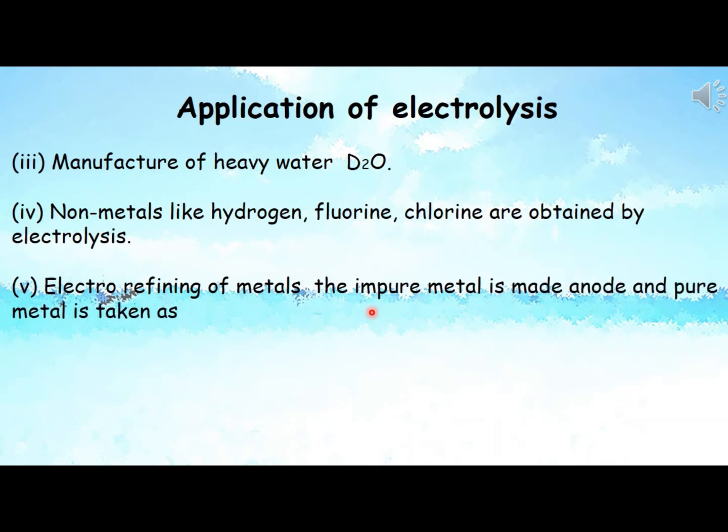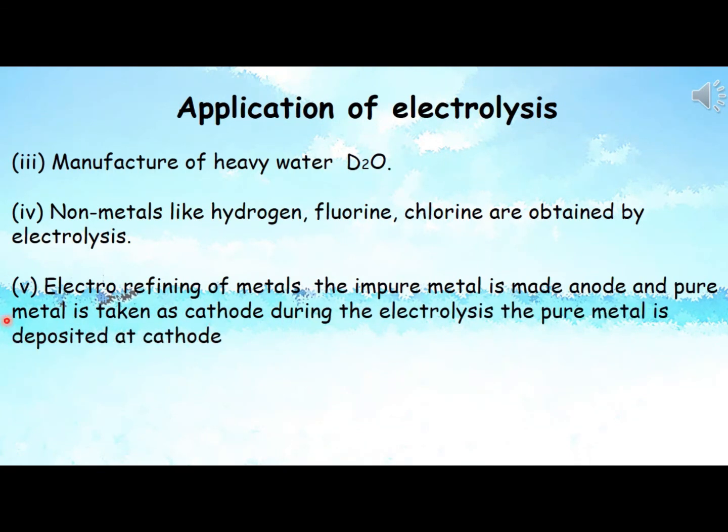The impure metal is made anode and the pure metal is taken as cathode. During the electrolysis, the pure metal is deposited at cathode.